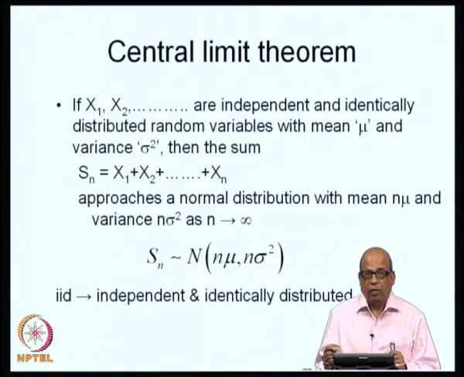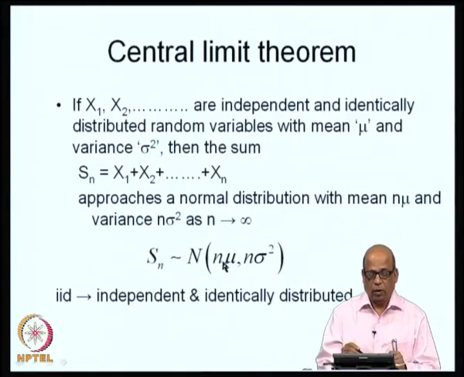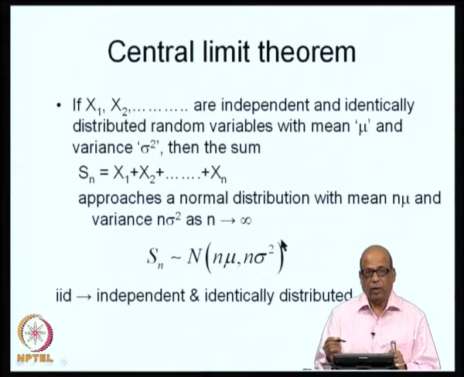Now, if the daily stream flows can be assumed to be independent and identically distributed, then we can say that the stream flow in that particular month follows a normal distribution with the mean given by 30 into mu and the variance given by 30 into sigma square, where mu and sigma square are the mean and the variance of the individual days' random variables.